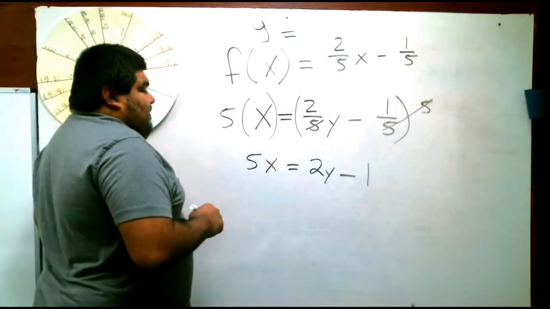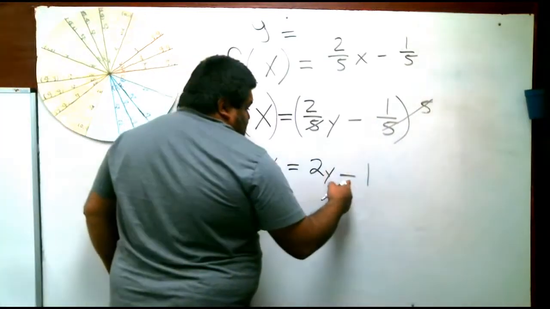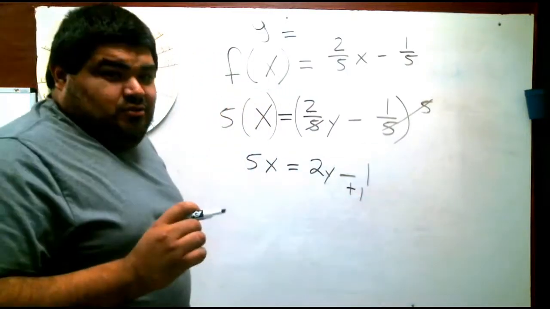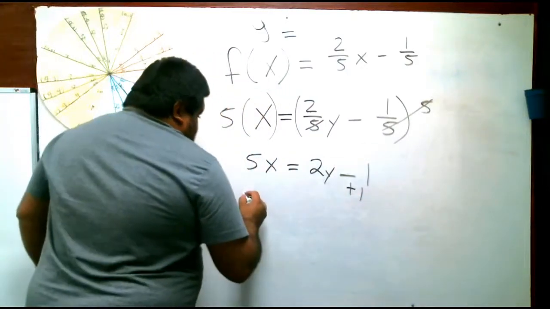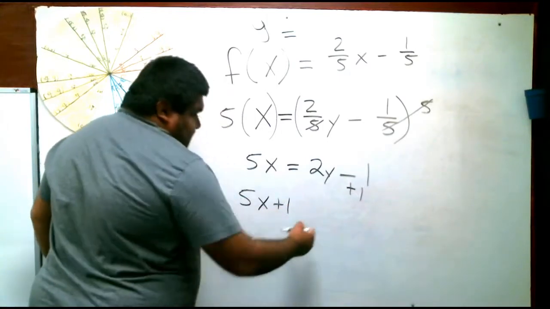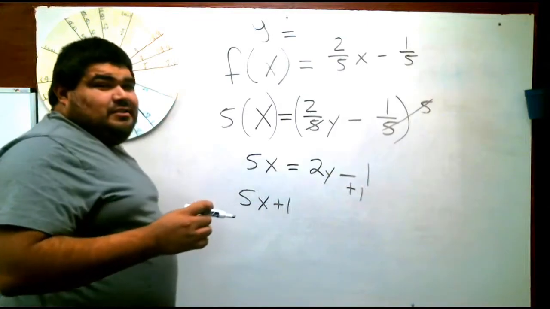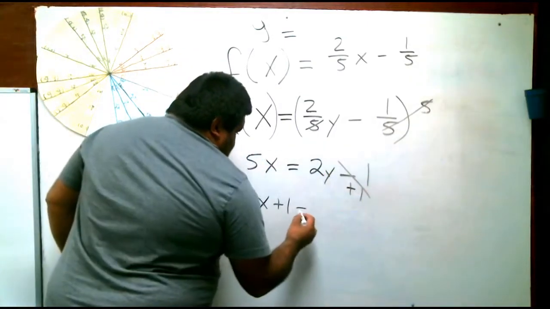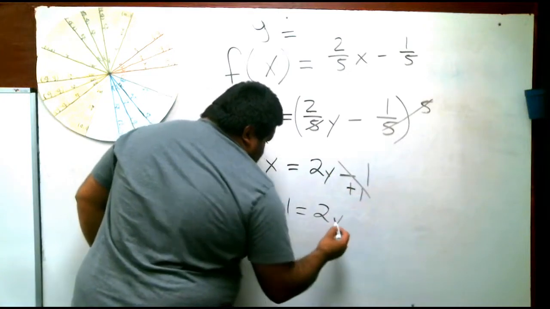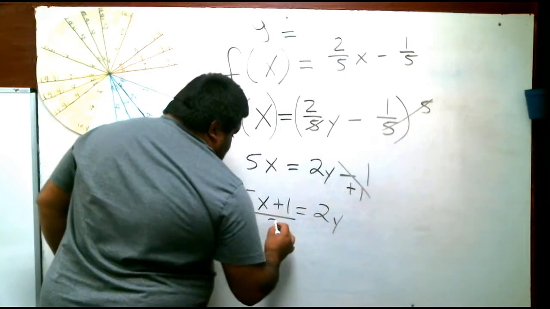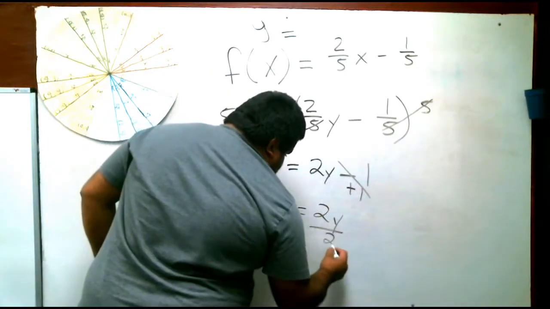Now that we have that 5, again, we're going to move the 1. Because remember, constant always goes first, guys. 5x plus 1, because we cannot combine them, since a constant and a term with a variable don't combine. We're left with 2y. And then finally, we divide by 2 on both sides.